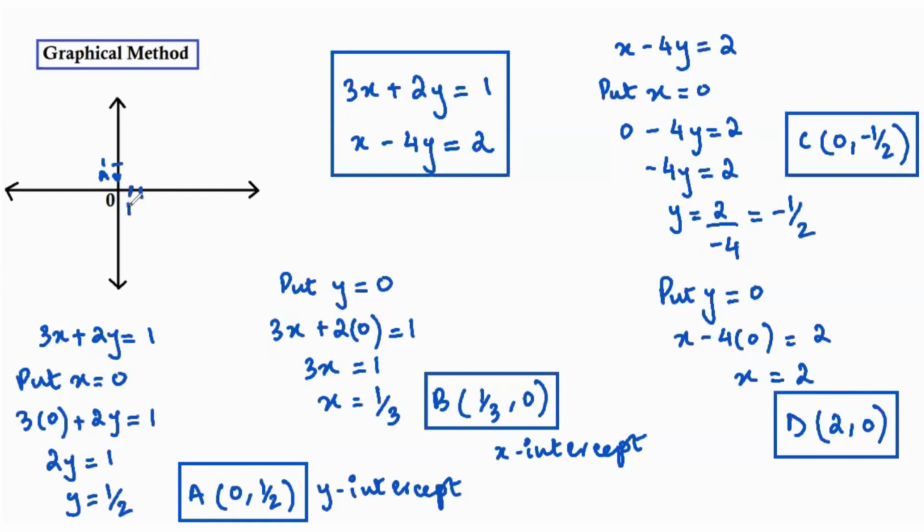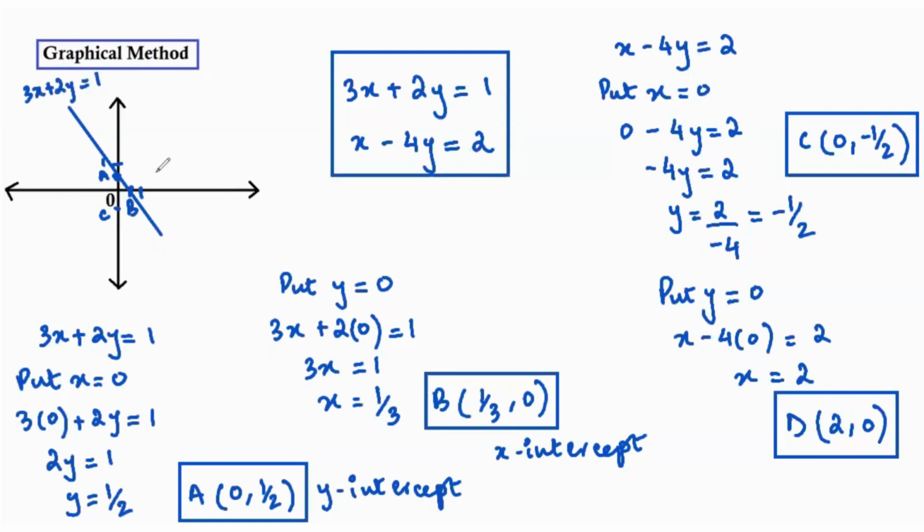That is B. And 0, negative 1 over 2. That is C. So I'm going to connect A, B first. This is your line for 3x plus 2y equals 1.